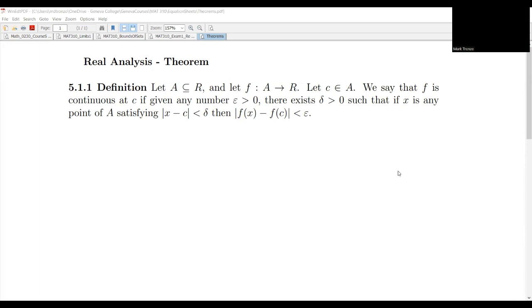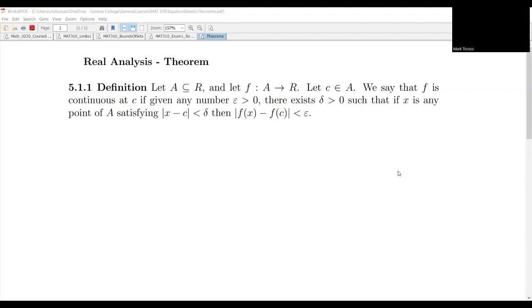So what that means is this time our x minus c can be 0. In other words, the value of x that may be included would be c. So this has to work even for c itself, for when x is equal to c. Remember, for the limit definition, it was any number x such that |x minus c| was less than delta, but greater than 0. So this is slightly different in that way.